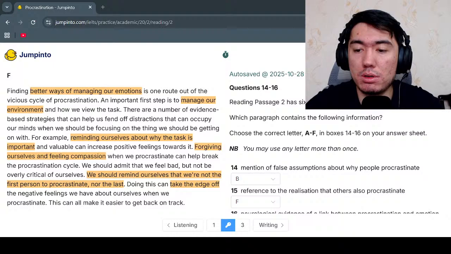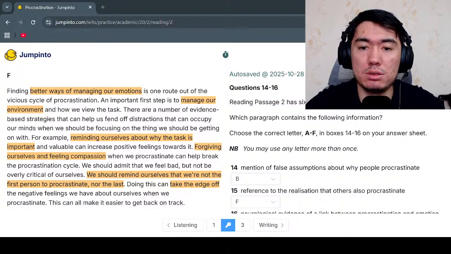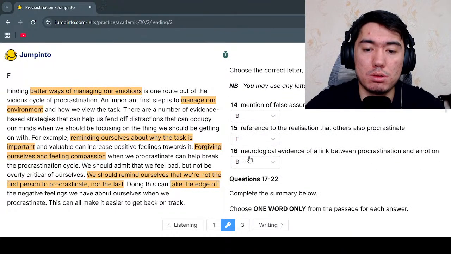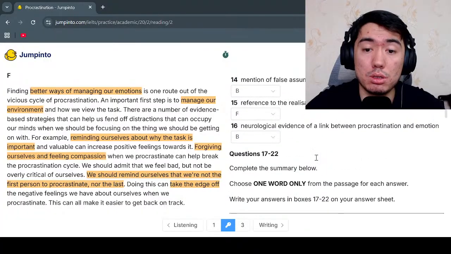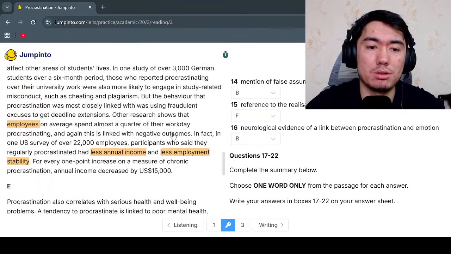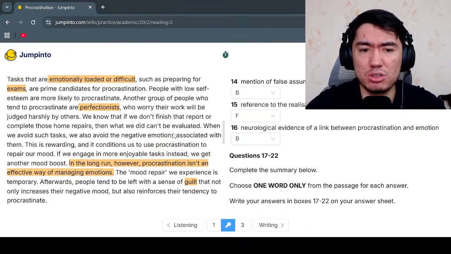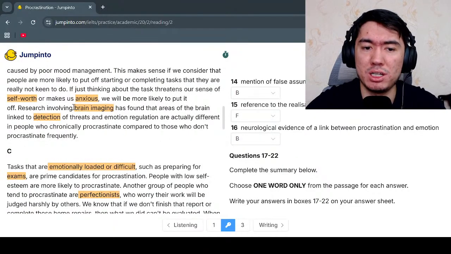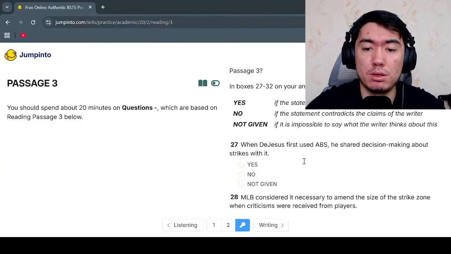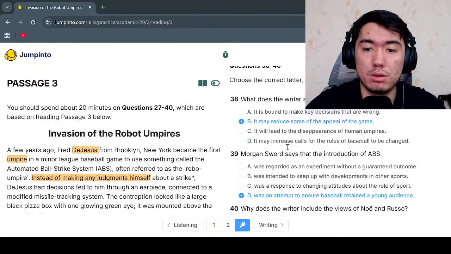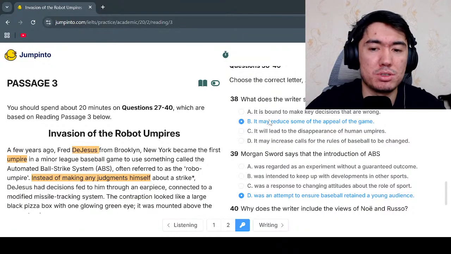Okay. Question 16. Neurological evidence of a link between procrastination and emotion. Oh, neurological link. Oh, it was easy. You just couldn't find it, I guess. Yes, brain imaging. And 38. 38 in passage 3. Oh yeah, it was a bit hard.